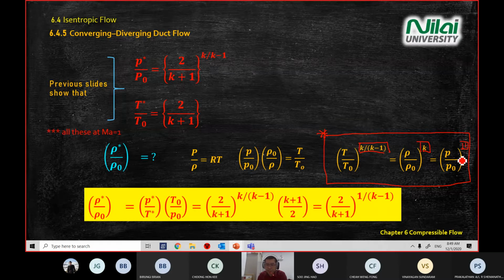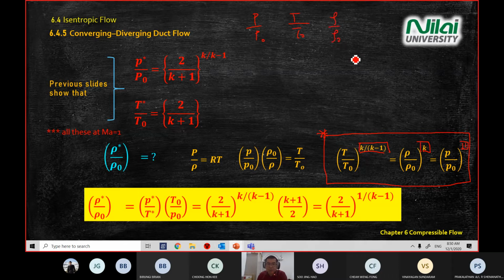So this three relationship is important for chapter 6. Okay, then you do conversion, right? So again, I repeat for this chapter, if it's compressible, you look for P over P0, T over T0, density over density 0.